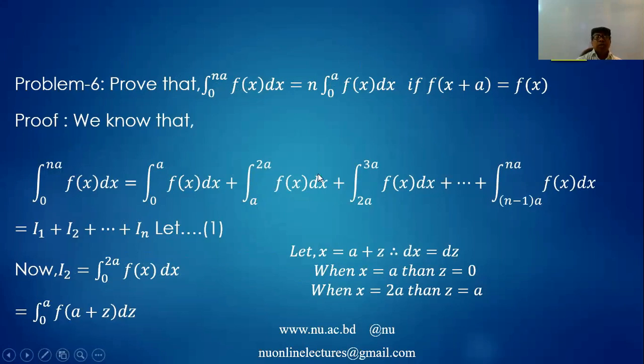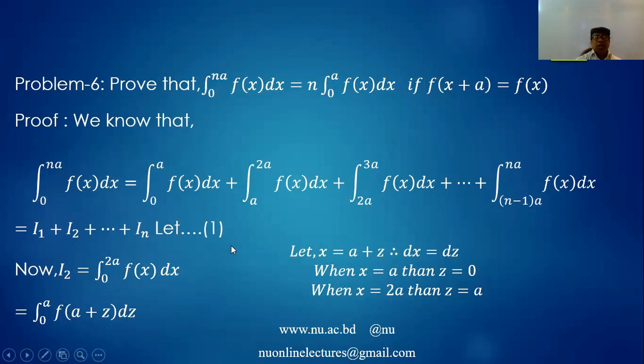Now 2a is the lower limit and 3a the upper limit, f of x dx, and so on, plus the last term from (n minus 1)a to na of f of x dx. This is the series. We can present it in this way. Okay, so we take these as I1, I2, I3, and so on to In. Okay, this is number 1.